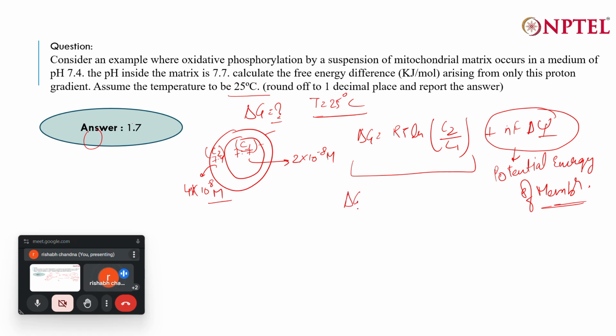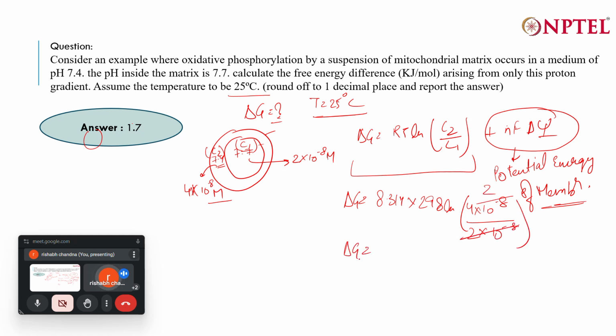So for delta G, R will be 8.314, temperature is 25 degrees Celsius, so in Kelvin it would be 298 Kelvin. Natural log of C2, which is the higher hydrogen ion concentration, that is 4 into 10 to the power minus 8, over C1 in the matrix, that is less, so 2 into 10 to the power minus 8. This would yield 2.